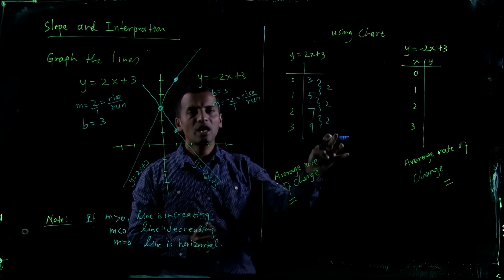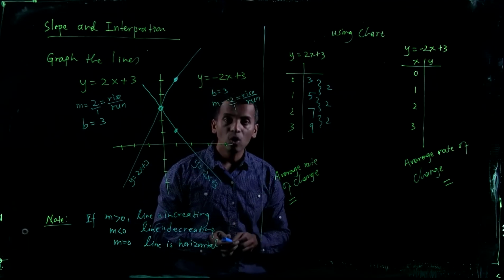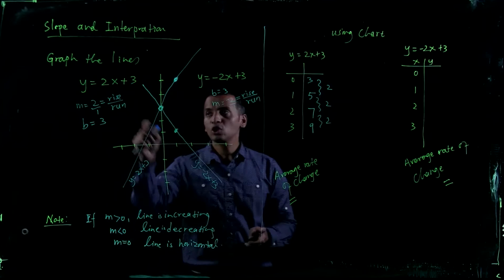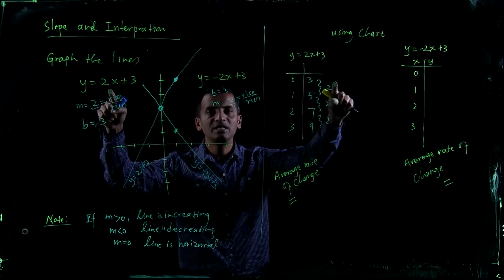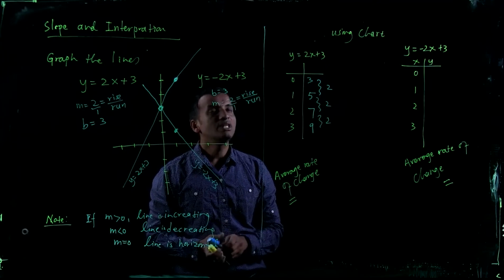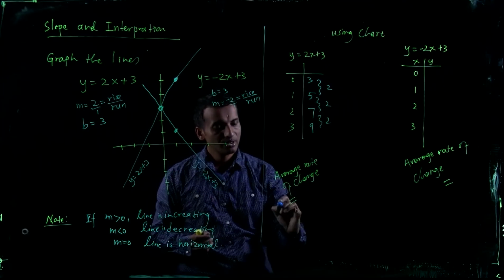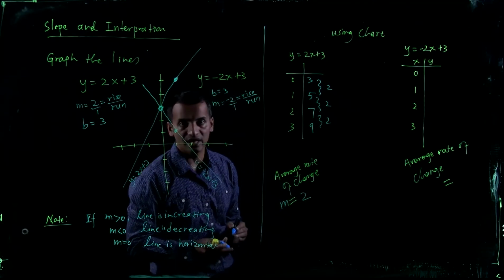That is basically the rate of change in y values. So the slope of this line is 2, and the rate of change is 2. So you can say that the average rate of change of this line is the same as the slope of that line, and it is equal to 2 in this case.